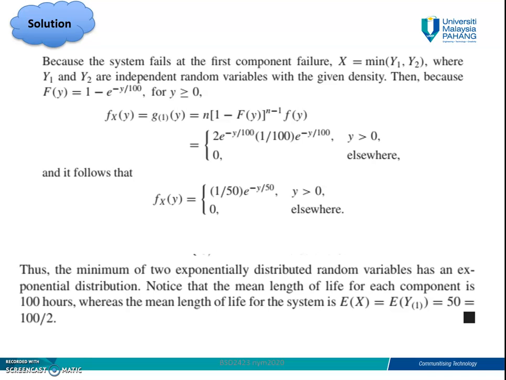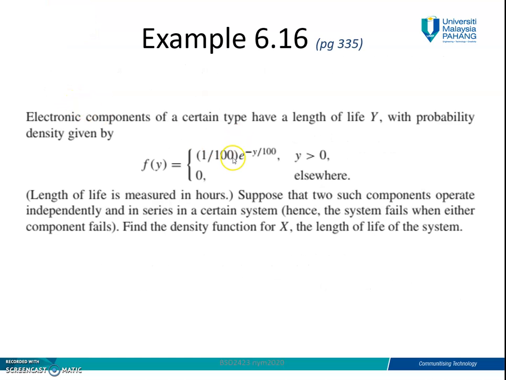So that's why X equals the minimum of Y1 and Y2, because it will be the first one, where Y1 and Y2 are independent random variables with the density given in the previous slide. X is the length of life of the system.